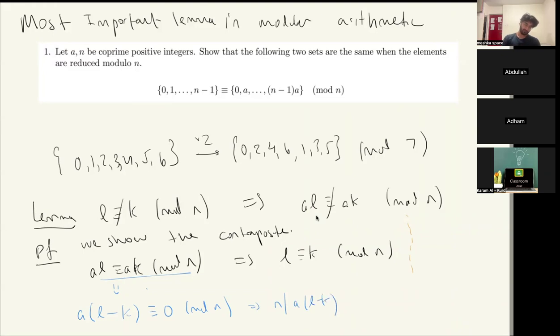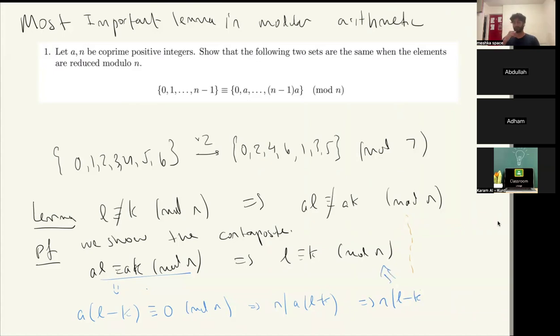Now we use the assumption that A is coprime. This is why it's important that A is coprime. Otherwise, this entire thing is false. Now that A is coprime, it tells us that N actually divides L minus K, because there are no common factors between N and A. Or we can prove that using Bezout's identity.